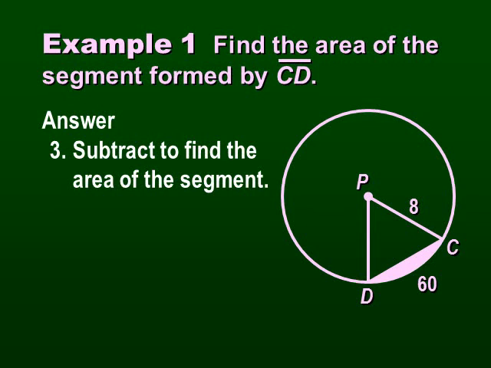So that's the last step. You take the area of the sector and subtract the area of the triangle, and you will get the area of the segment. There is no direct formula for the area of the segment, so this is the only way to find it. It's using two formulas you now know and subtracting one from the other to find the segment.